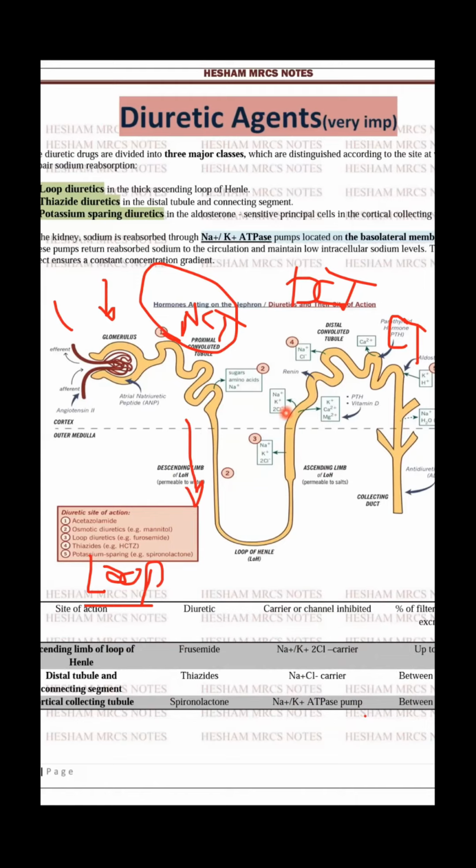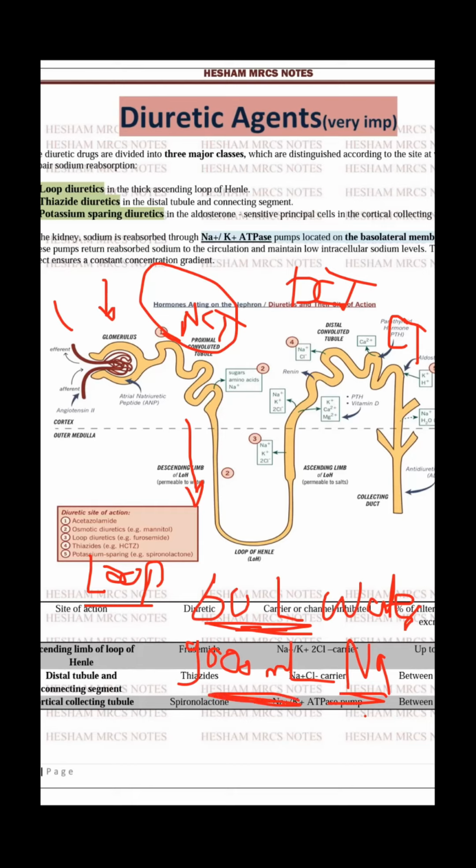The loop of Henle usually has approximately 60 liters of water containing about 9,000 millimole of sodium passing over it daily. You should know this.